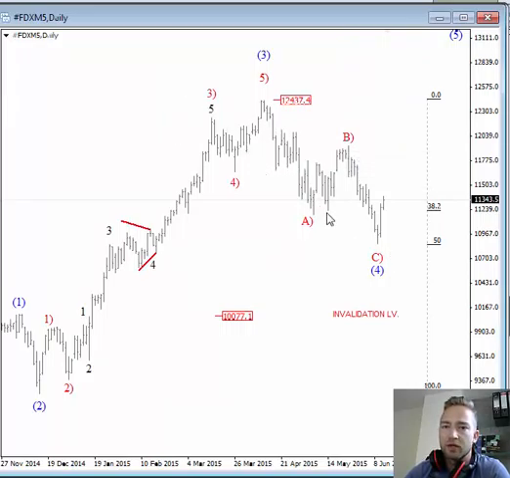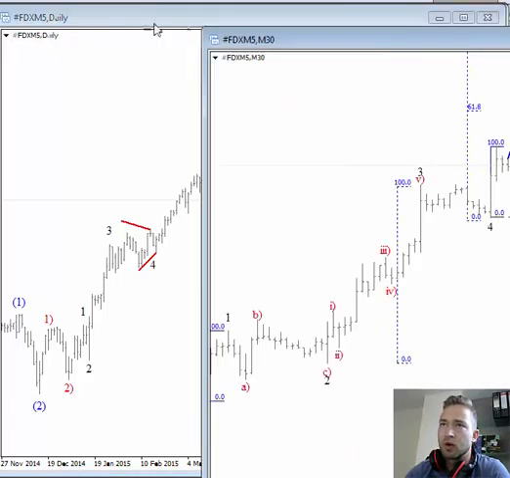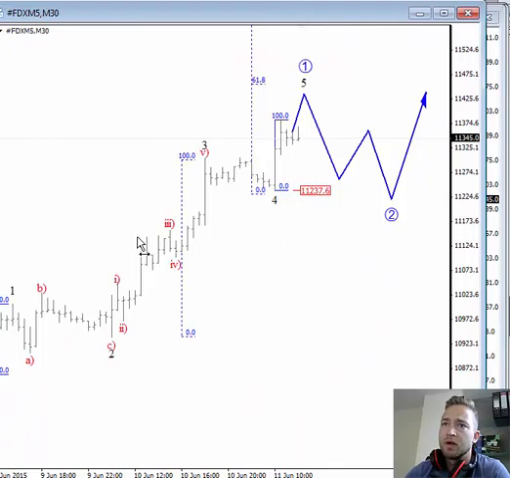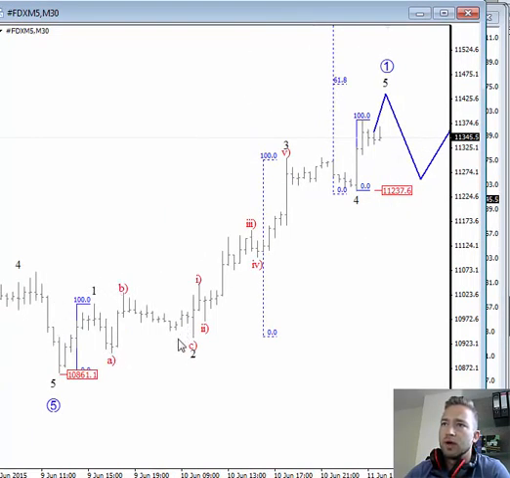This is a corrective structure, and more importantly, we bounced from former wave 4 and the 50% retracement. This looks like a nice bounce that has impulsive qualities on the intraday time frame. On the 30-minute chart, you can see waves 1, 2, extended wave 3, wave 4, wave 5. So this tells me that the market has bottomed, and at minimum we should see 3 waves to the upside.